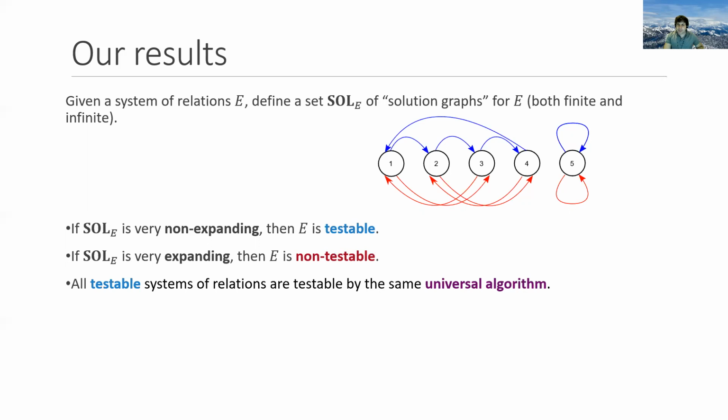This algorithm is universal in the sense that any testable system of relations is testable by this specific algorithm. And finally, we show that the testability of the system E only depends on the group gamma E. And this is analogous to the corresponding classical statement about stability depending only on gamma E, so this holds for testability as well.